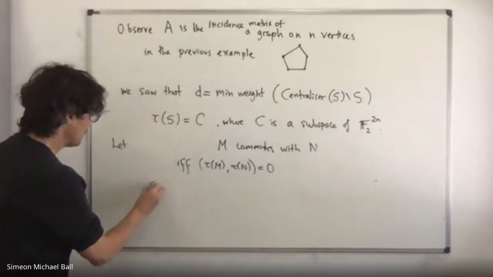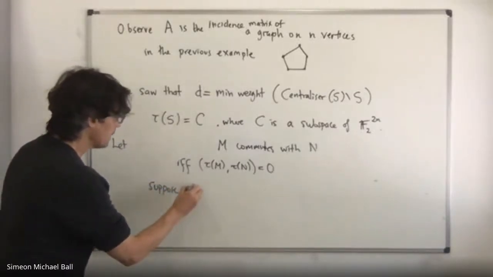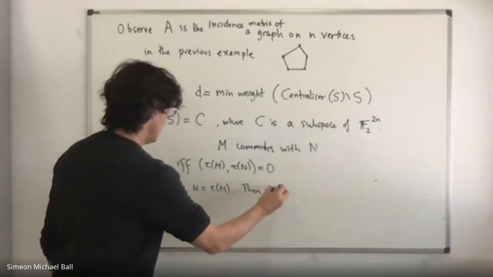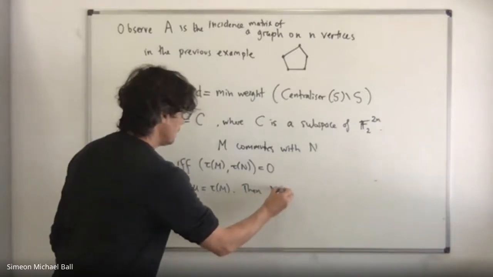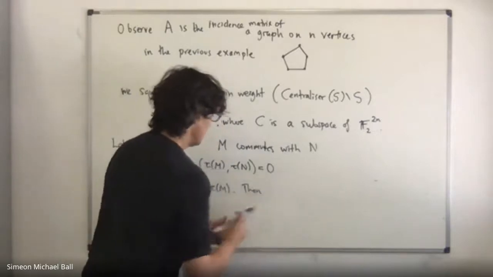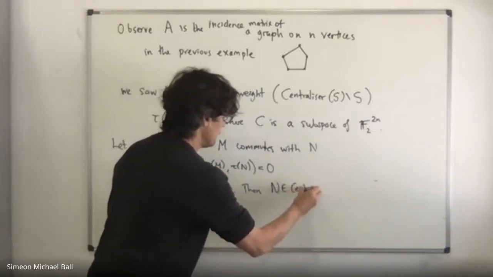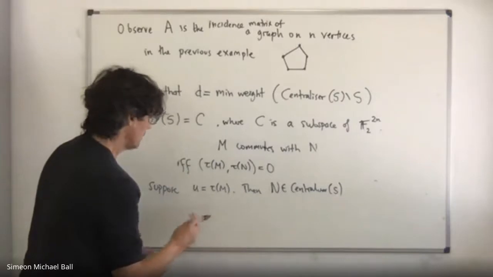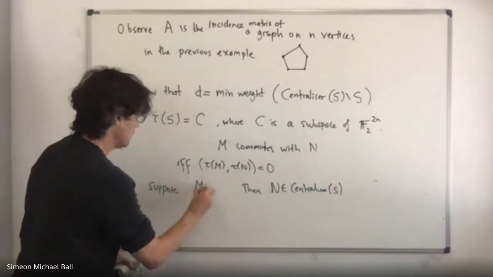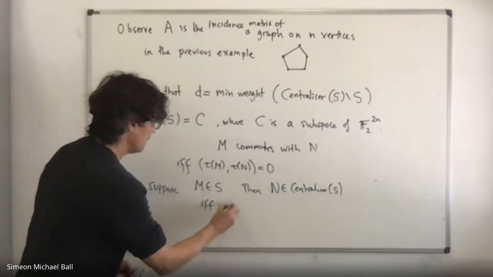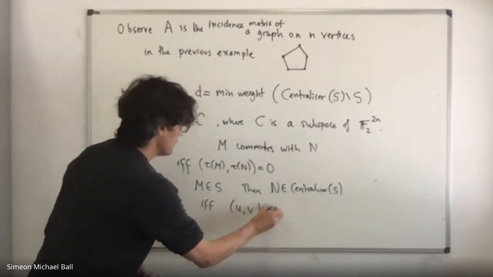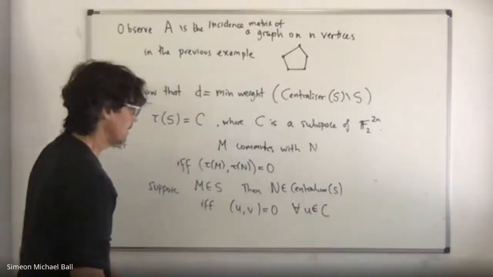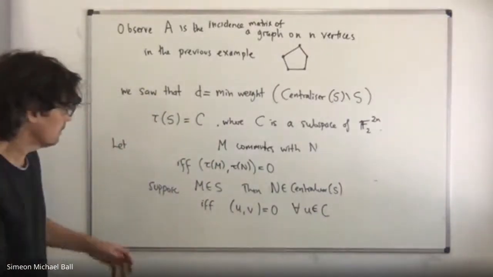So now suppose U is equal to tau of M, then N is in the centralizer of S if and only if UV is equal to 0 for all U in C. And that's it, right?